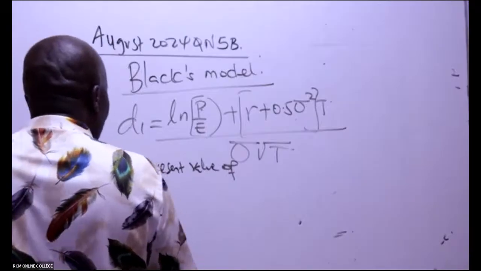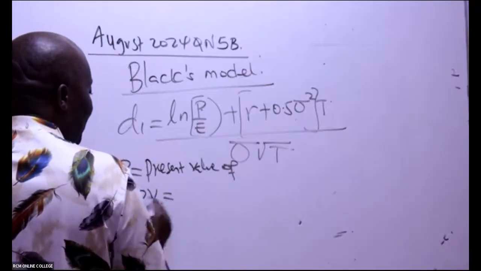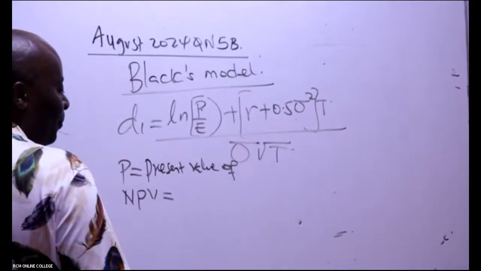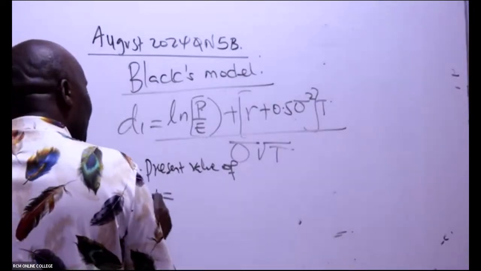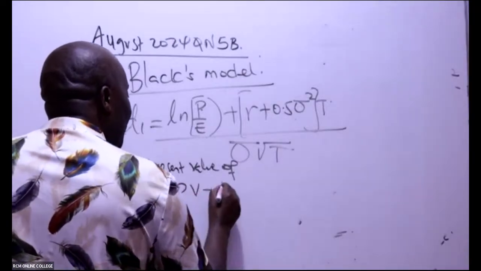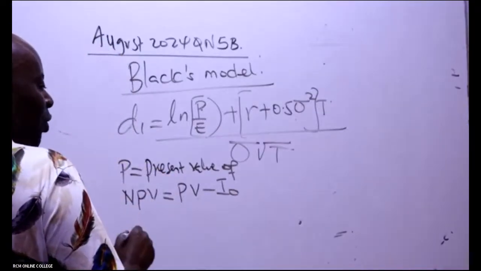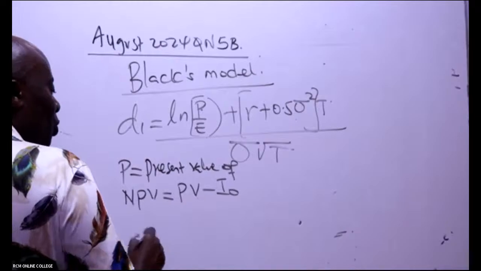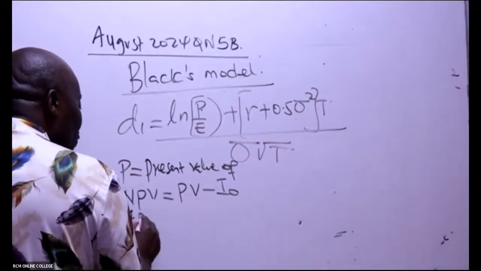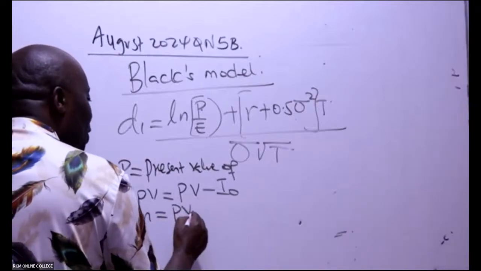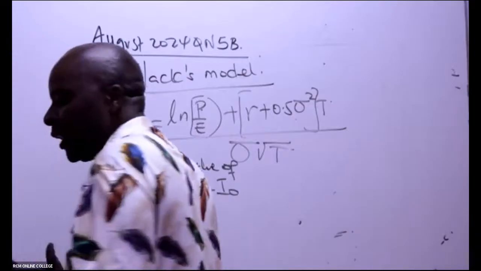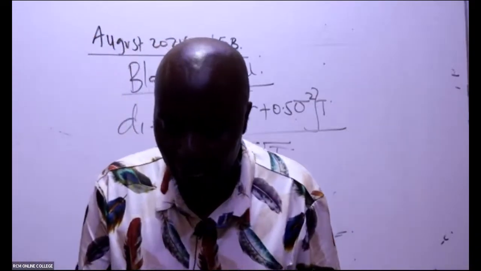And you can see, ladies and gentlemen, this examiner gave us net present value. Anytime they give us net present value, we normally take present value minus initial outlay. So NPV has been given as 4 million. Present value is what we want. Do we have the initial outlay here in this question?